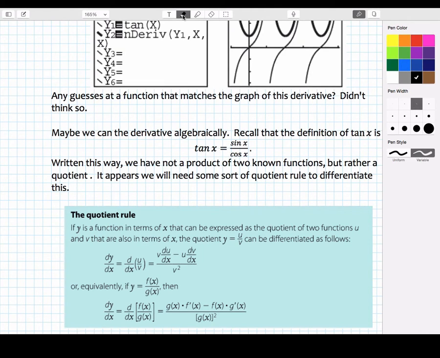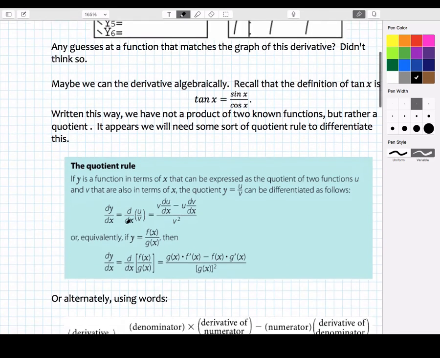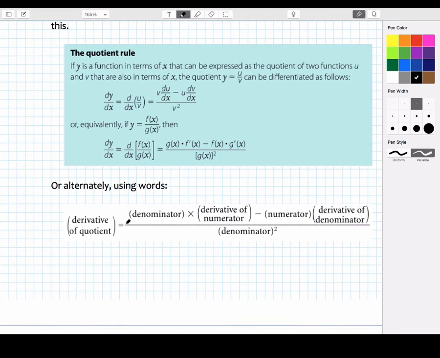Okay, I'll show you. I'll present the quotient rule, and here it is. If y is a function of x, and it can be expressed as a quotient, the result of dividing, we'll talk about u and v, the same way we did with the product rule, u times v.